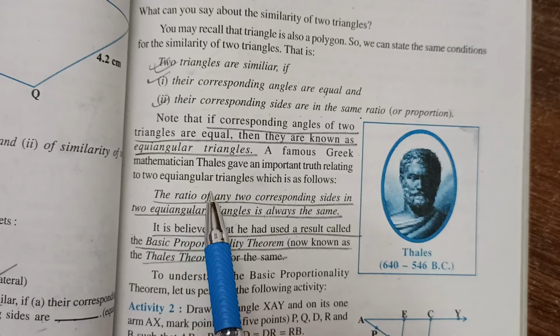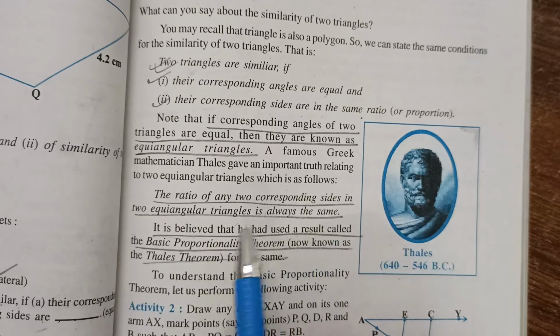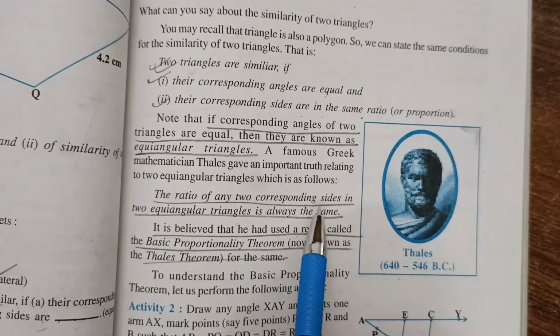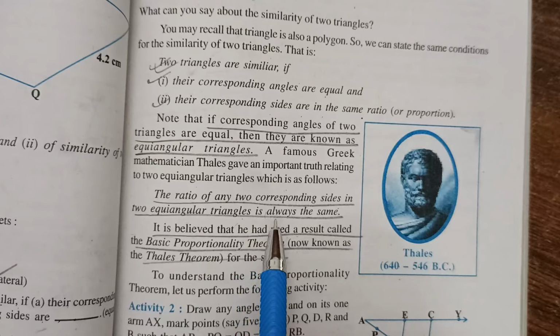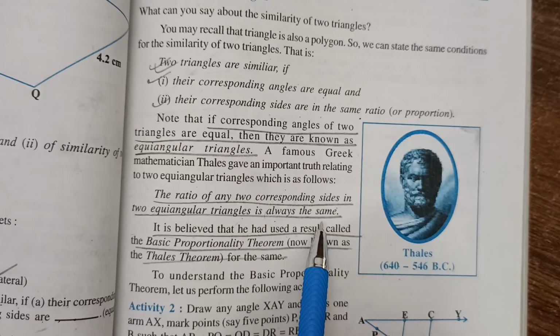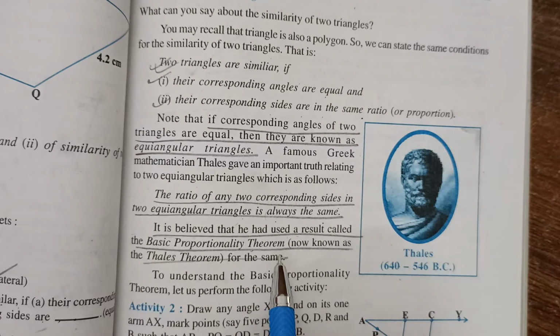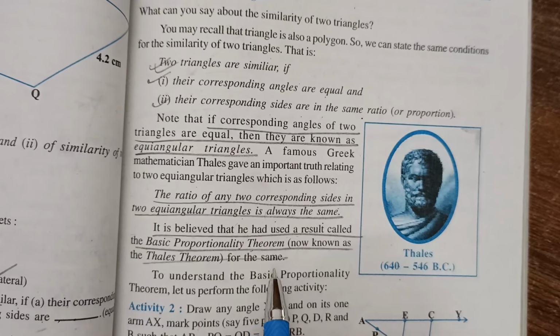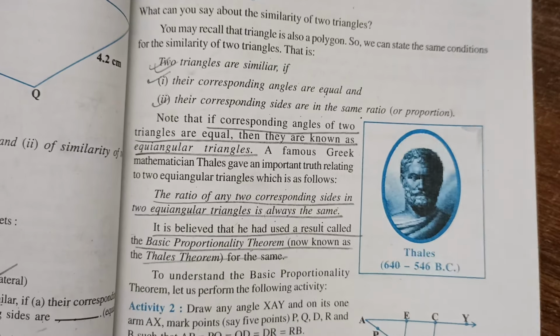Equiangular means the angles are equal. The truth is as follows. The ratio of any two corresponding sides in two equiangular triangles is always the same. This is known as the basic proportionality theorem or Thales theorem. So this is our first theorem which we are going to prove now.